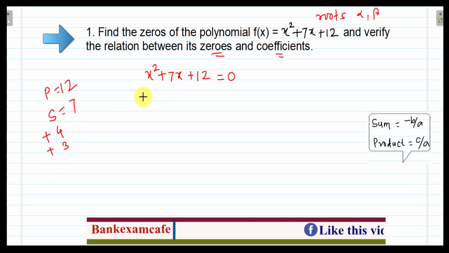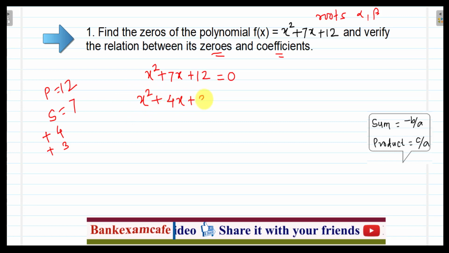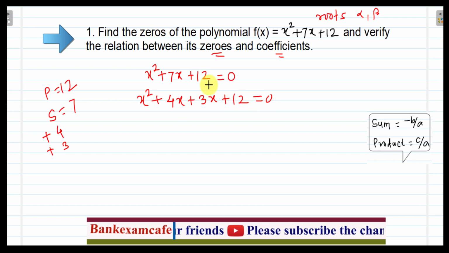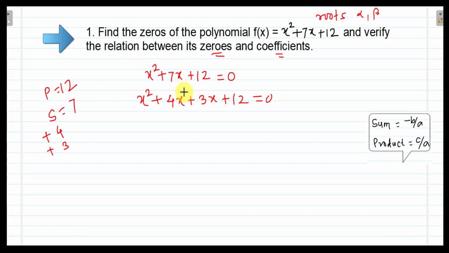So we split it like this: x square plus 4x plus 3x plus 12 is equal to 0. Here we are just writing 7x as 4x plus 3x and nothing more we are doing. So we are not changing anything in the initial question. Now these are the first two terms and these are the next two terms.